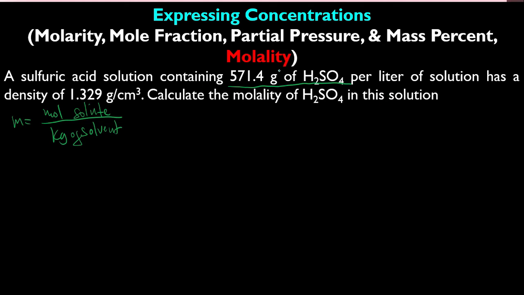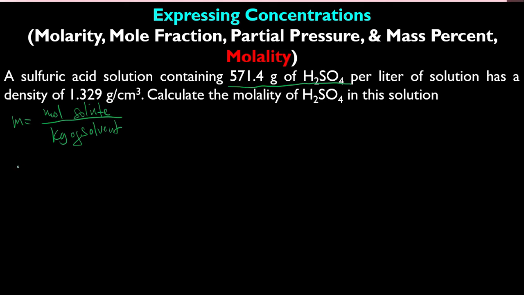So first let us get the mole of the solute by getting the molar mass first of dihydrogen sulfate. Again, the molar mass of a compound is the sum of the molar masses of all the elements that compose it.